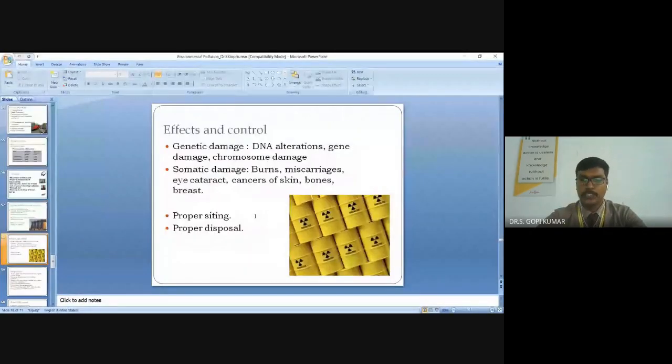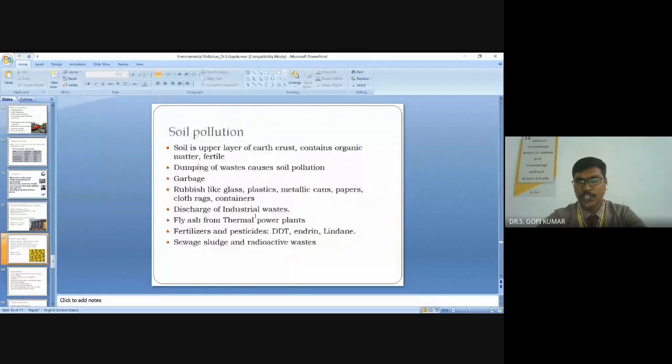controlling disposal. Regarding soil pollution, that is due to NPK, nitrogen, phosphorus, potassium, which is to be controlled. And in case of thermal power plants, the residue fly ash should be disposed of in a well planned manner.